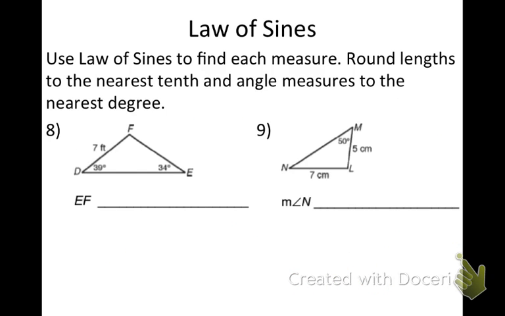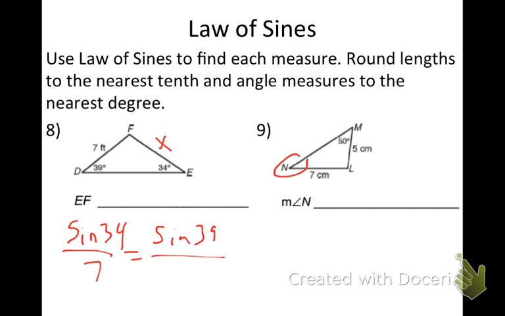All right, take a few seconds, try numbers 8 and 9. Same idea. Set up proportions or ratios and solve for them. Number 8. How would you set up the ratio for number 8? Camden, how'd you set it up? Well, I did the sine of 34 over x, and the sine of 34 equaled 0.5591.